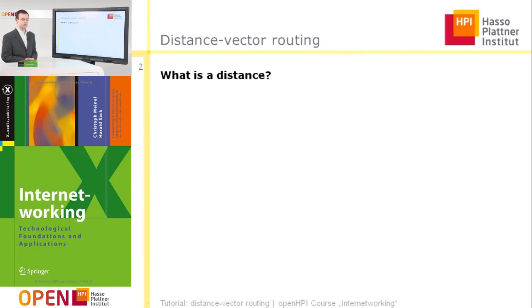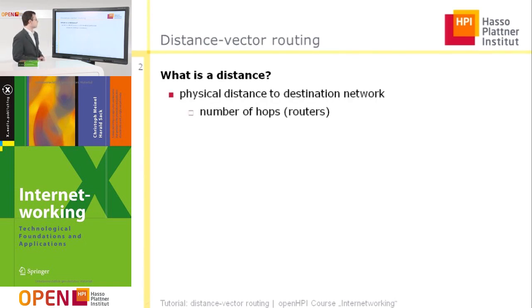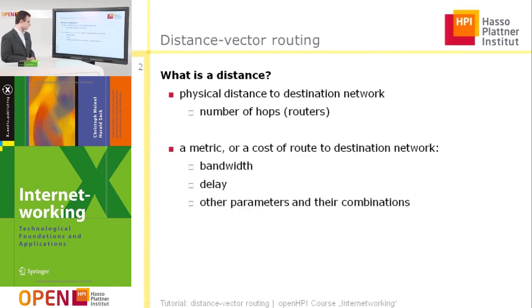First of all, when we talk about distance vector routing, we should know what a distance is. The distance could be a physical distance to the destination network, for example, in the number of hops or the number of routers between the source and destination network, and also it could be a metric or a cost of the route to the destination network.